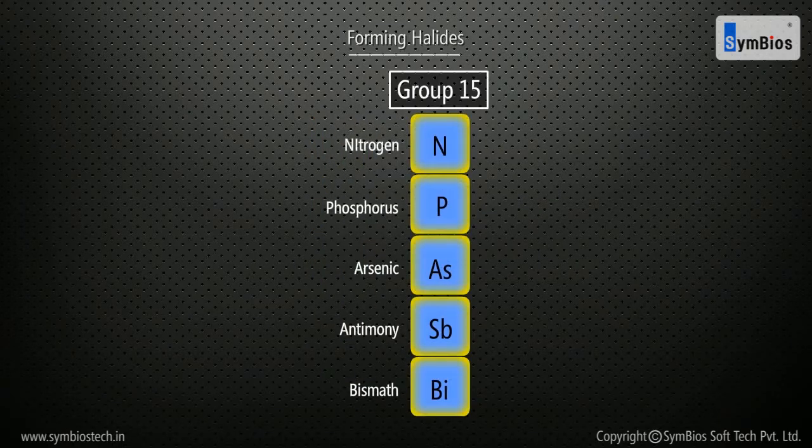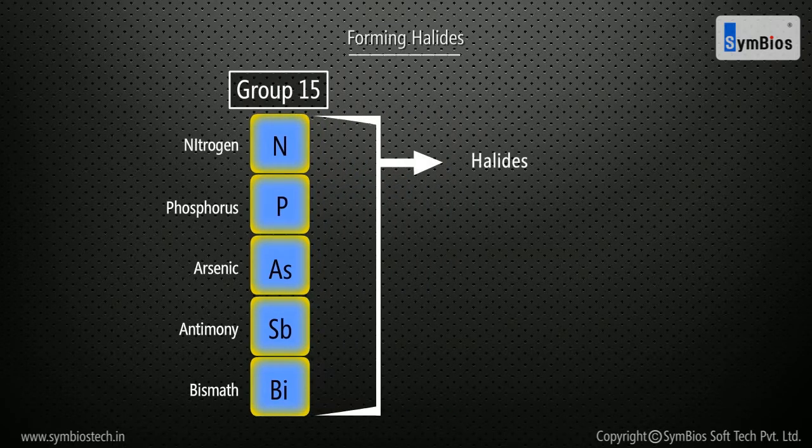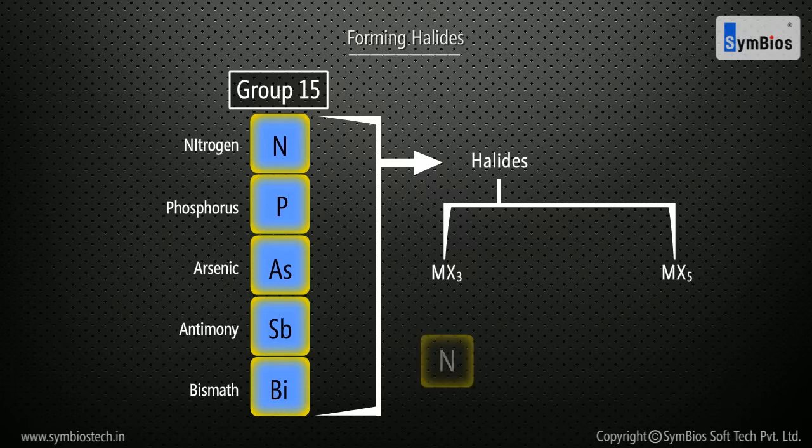Forming halides. The Group 15 elements form two series of halides of the type MX3 and MX5. Nitrogen does not form pentahalides.